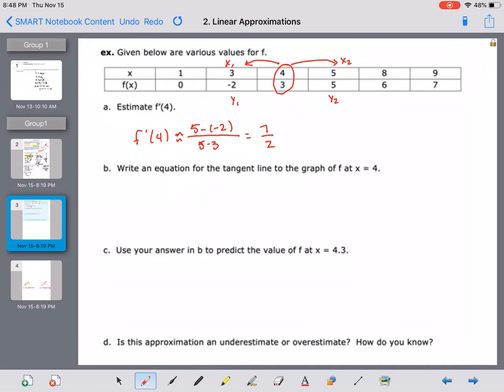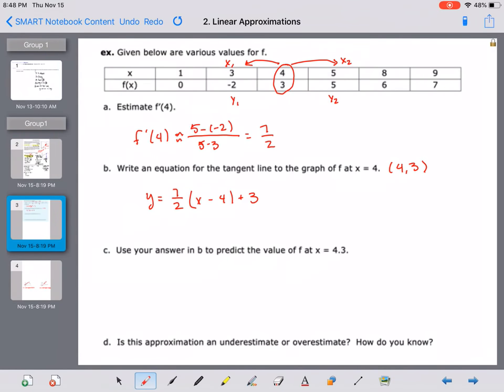Okay, so now that I have a slope and I have a point, that point is x is 4. If I go back to my table, it's 3. It's that one I circled. I can write the equation of a tangent line by using the slope that I estimated in A: x minus 4 plus 3. Okay, the equation of a tangent line. Plug it in, get our slope, plug in our point, leave it in that form.